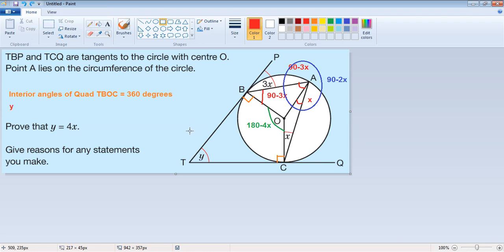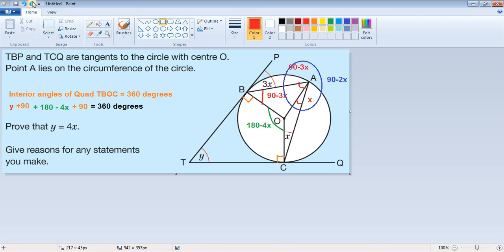So y plus 90 here on B plus the angle 180 minus 4x plus another 90 at the bottom must be 360 degrees. So if we solve this, we're gonna prove that y is equal to 4x.